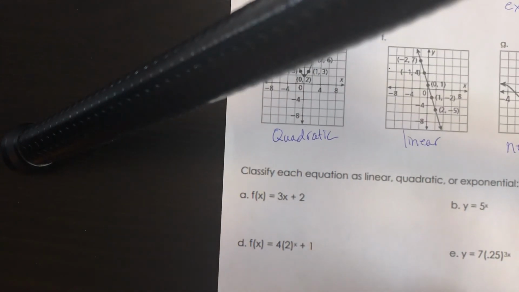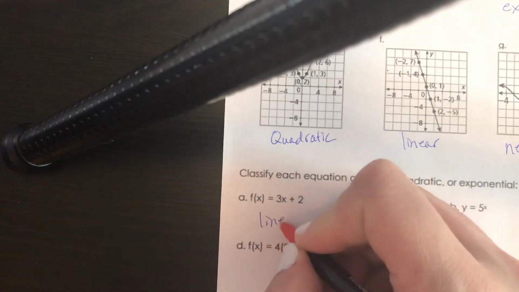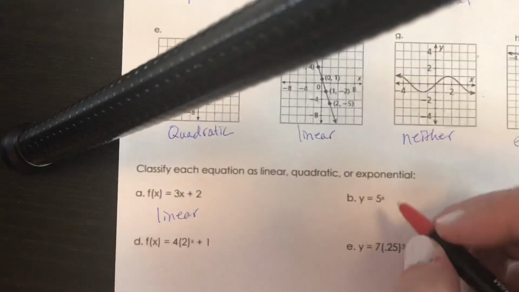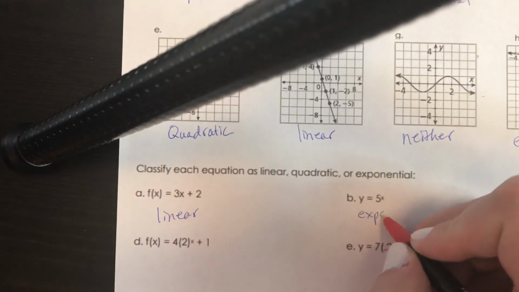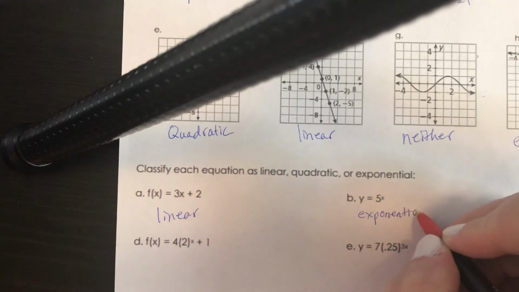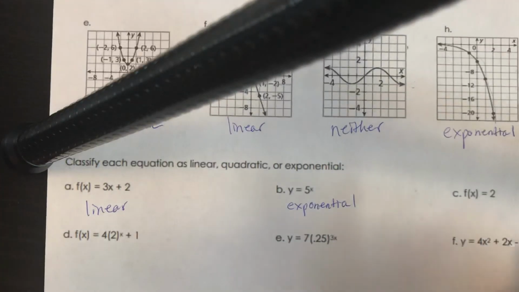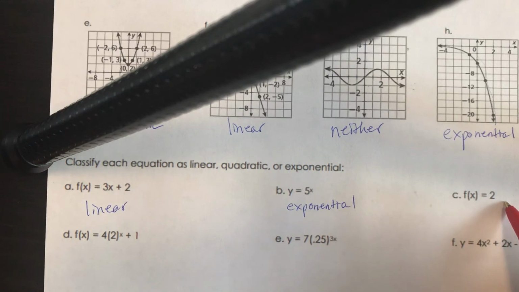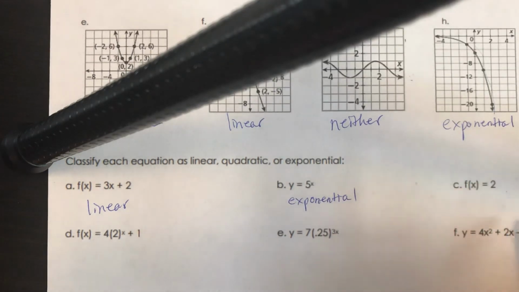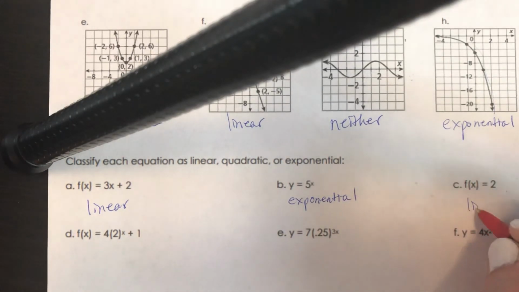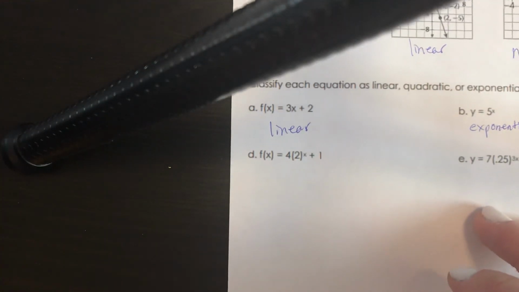So this first one is linear. Second one, exponential, because the x is in my exponent. Okay, y is equal to 2. So you may not remember this, but that's just a straight line up and down, so that is linear. All right.